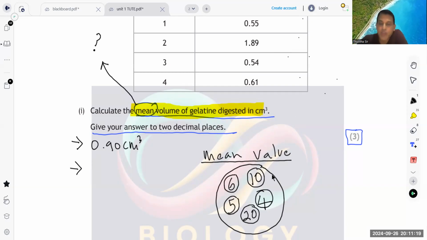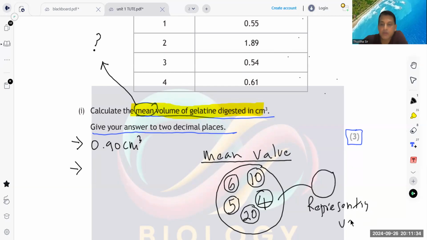So I have 5 values in this group now. I want to get only one value from this group as a representing value. So this is called the representing value.